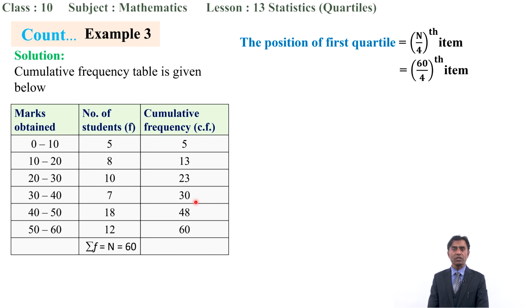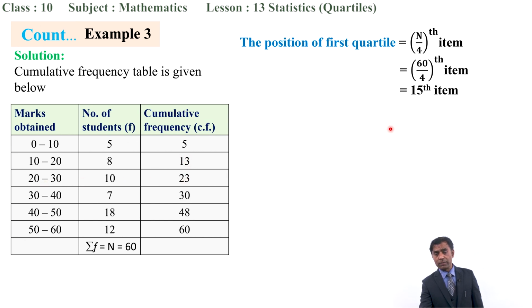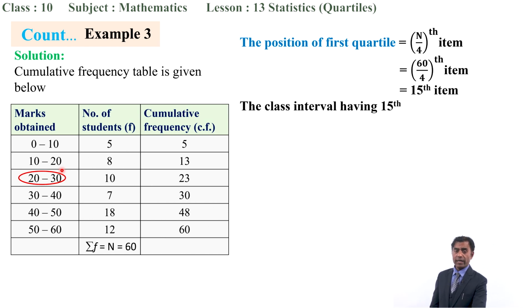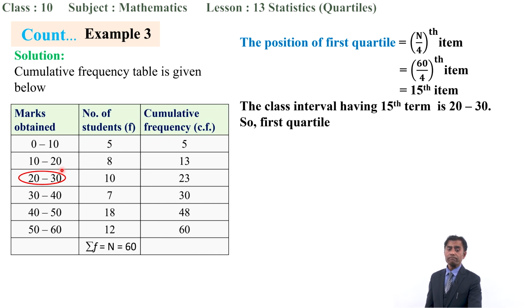We know the position of the first quartile is n upon 4, and n is 60 here, 60 by 4, and this is the 15th item. So from the CF column, 15 is just greater than 13, more than 13. So the 15th item belongs to 20 to 30, right? So that Q1 class is 20 to 30.